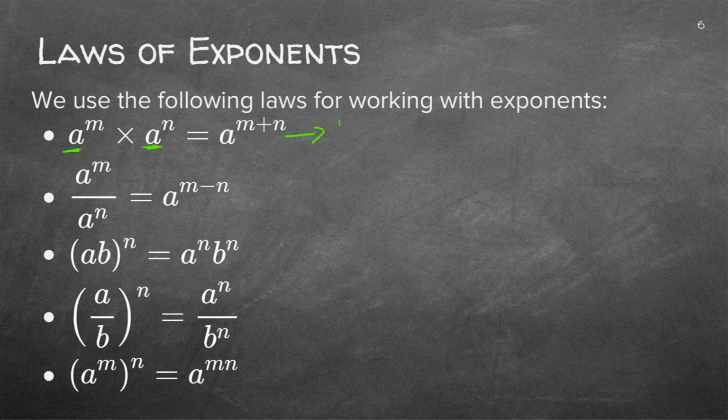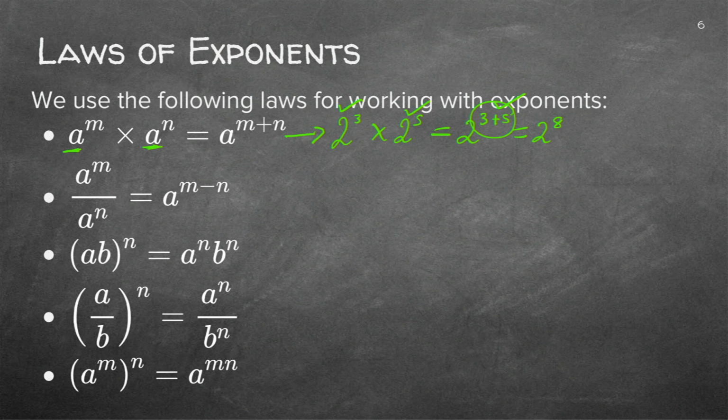If you have 2 to the power of 3 times 2 to the power of 5, this simply means you have 2 to the power of 3 plus 5. That is why the answer is 2 to the power of 8. So if the bases are the same, just add the exponents.